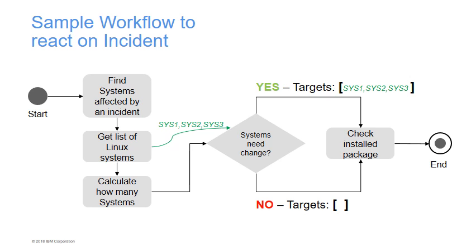Other automations, like the systems need and change automation, are being used as automation to do the decision where to run. And finally, you have at the end a check install package automation, where you do some workload automation in order to react on the incident on those targets where it's needed.